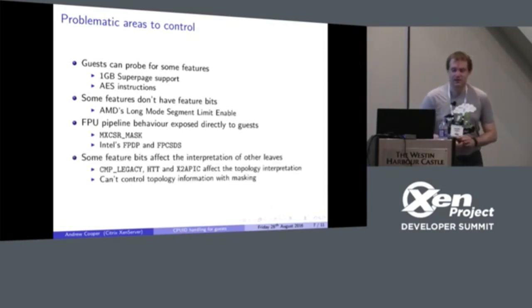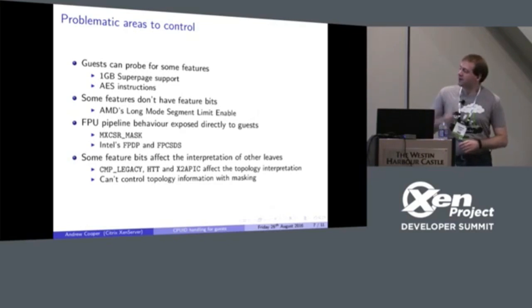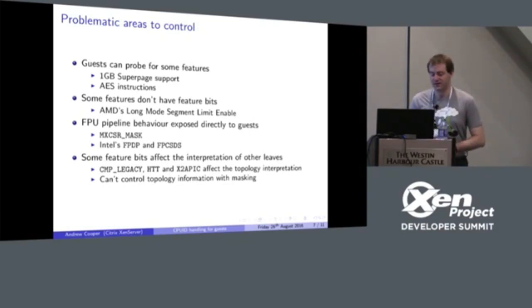Other bits are, so three bits here, comp legacy, hyperthread, and x2apic. We can control those in masking. That's fairly easy to do, but they specifically affect how you interpret other information in CPUID.